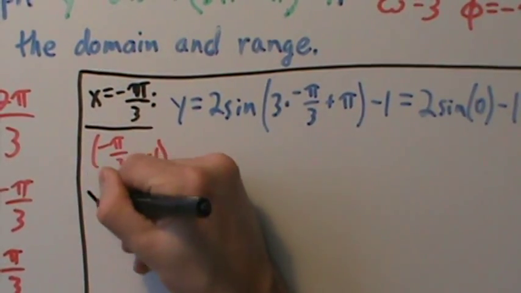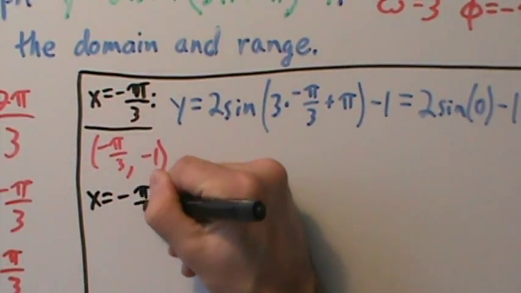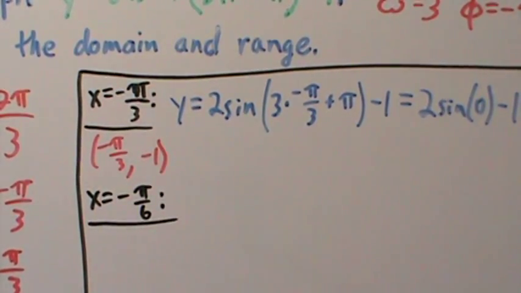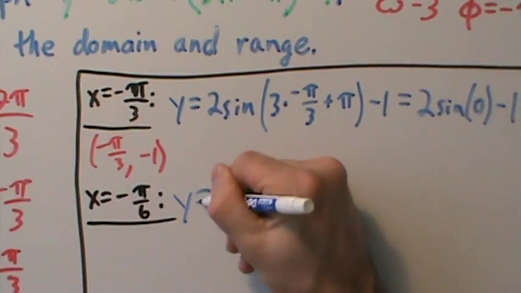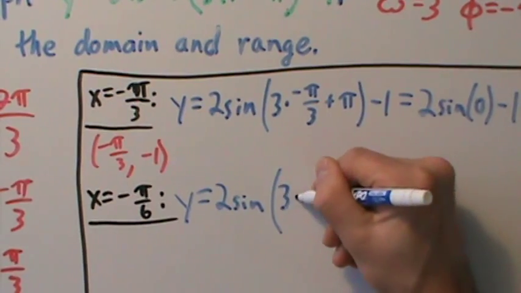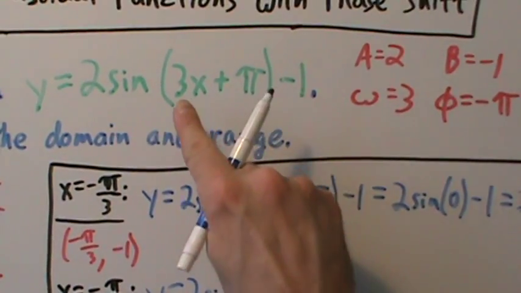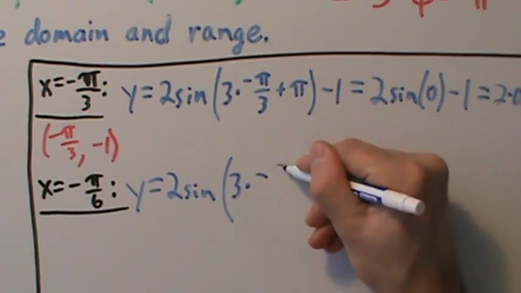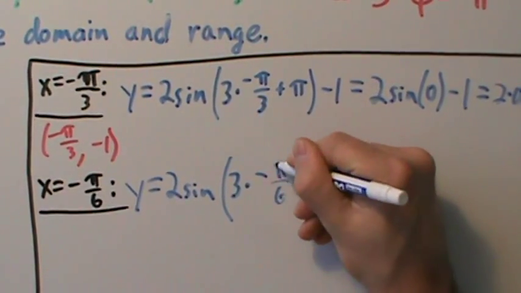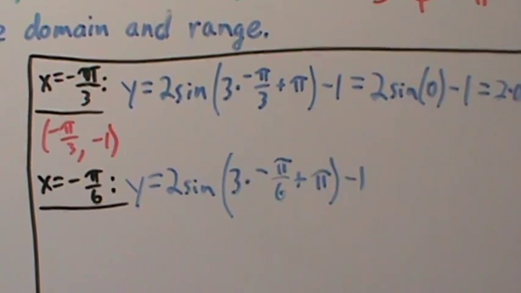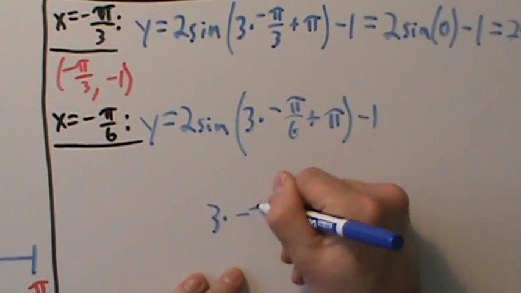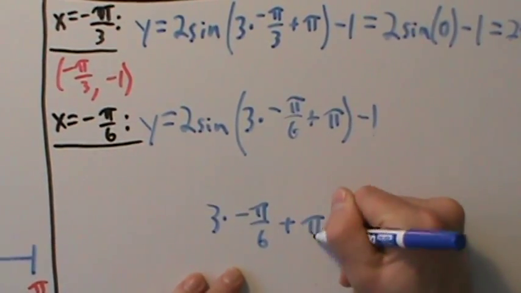So when x is negative pi over 6, what's going on? In that case we have y equals 2 times the sine of 3 times negative pi over 6 plus pi, and we still have a minus 1. Let's simplify this separately. 3 times negative pi over 6 plus pi.